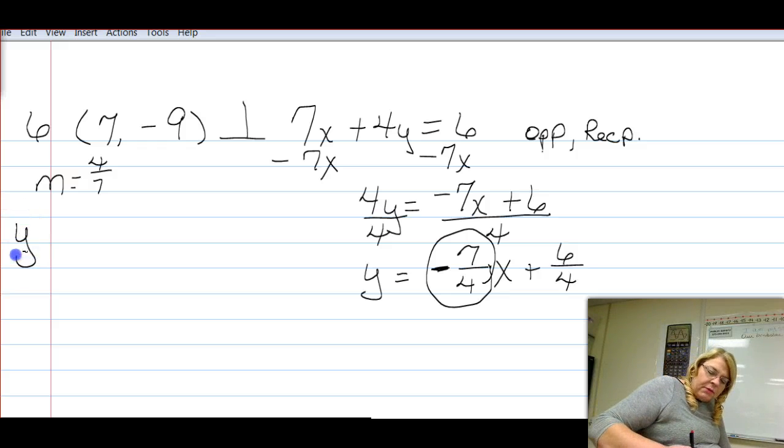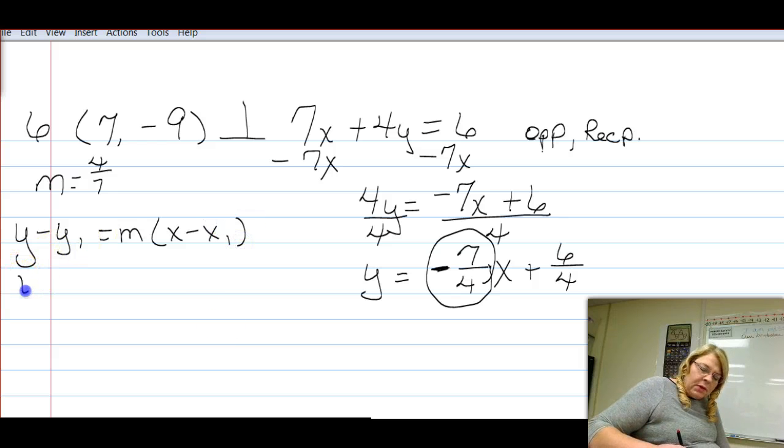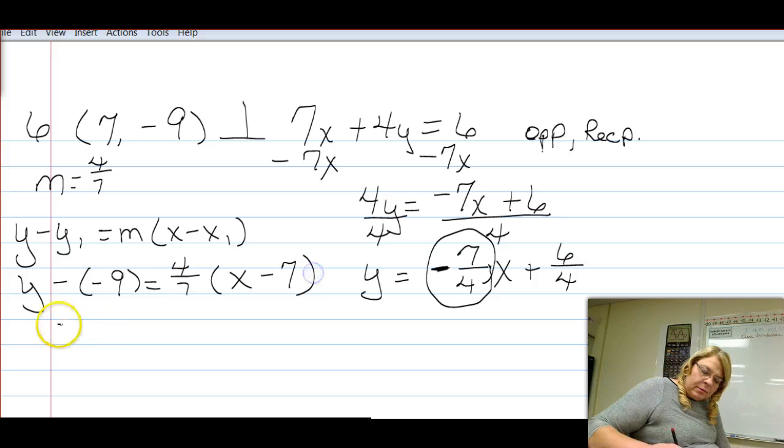I simply use the formula y minus y sub 1 equal m times x minus x sub 1. So that gives me y minus -9 equal 4/7 x minus 7.